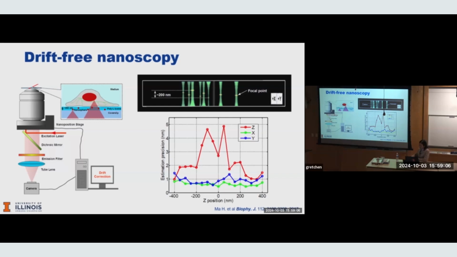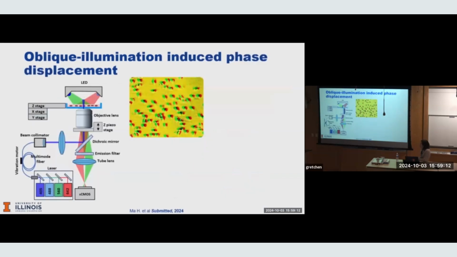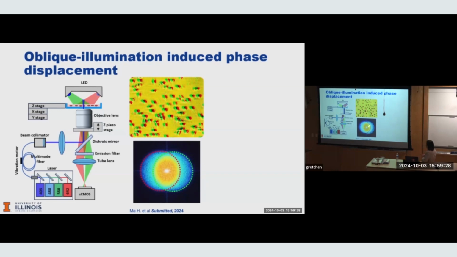So the approach, we actually got inspired by the auto-focusing mechanism that people use in photography. We basically start using LEDs with two oblique illumination. If it's out of focus, there's a lateral shift. This is actually the mechanism that photography autofocusing uses, creating a sort of phase shift in the Fourier space.